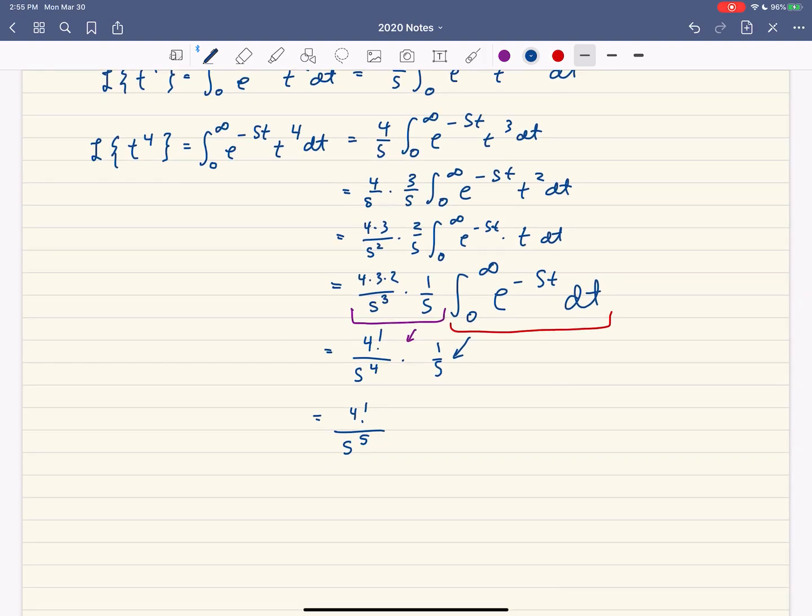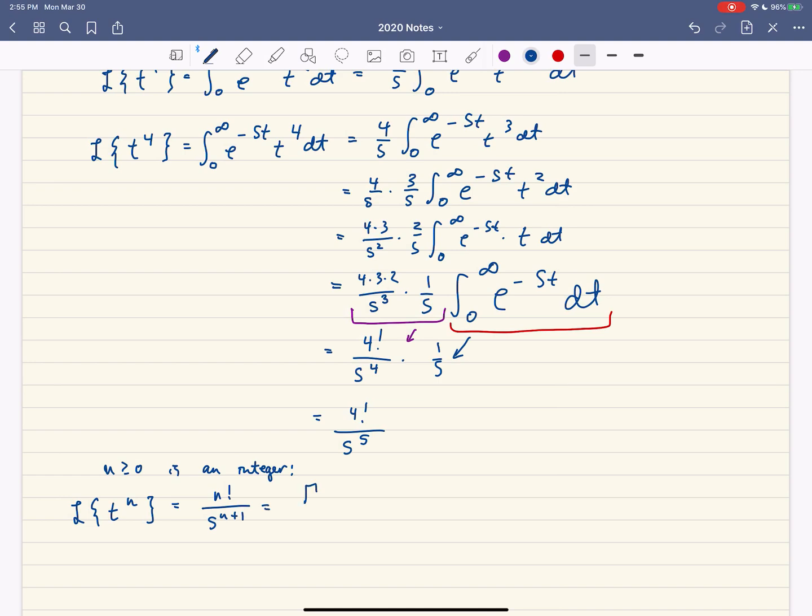And so it turns out that if you have t to the n, where n is an integer, then the Laplace transform of t to the n is going to be n factorial over s to the n plus 1.